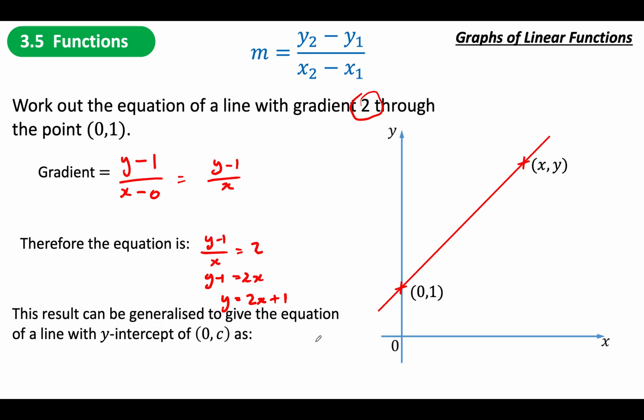This result can be generalized, of course, if you're thinking about your y-intercept, because (0, 1) is my y-intercept. It's the number on the y-axis where it cuts the y-axis. We could write this out as y minus c over x minus 0, because if our point here is a generalized point (0, c), it would be y minus c over x minus 0, which you can rearrange.